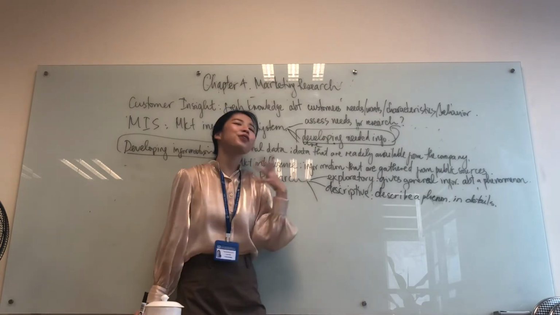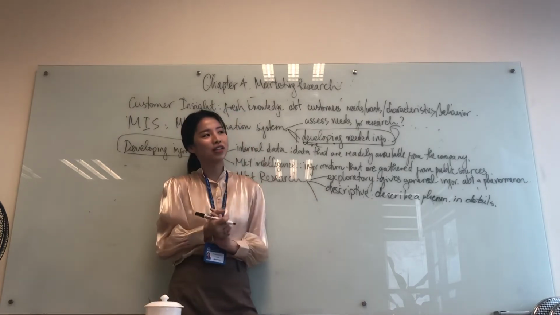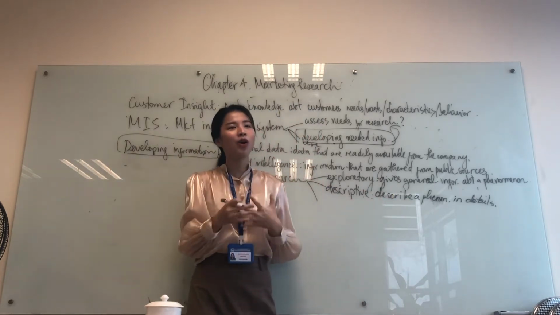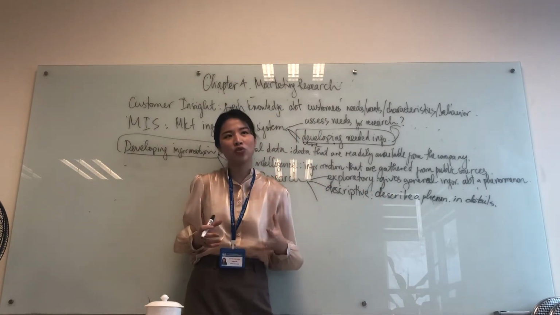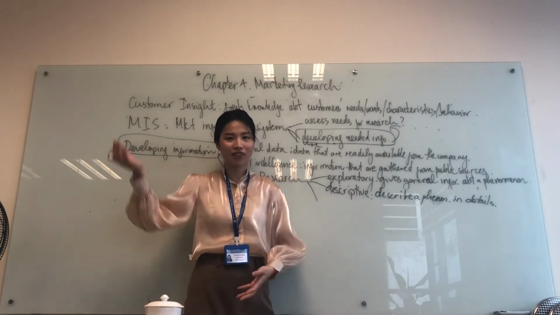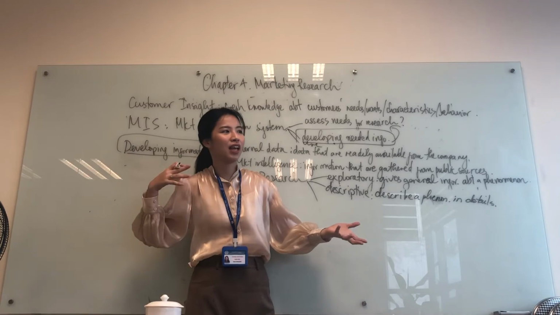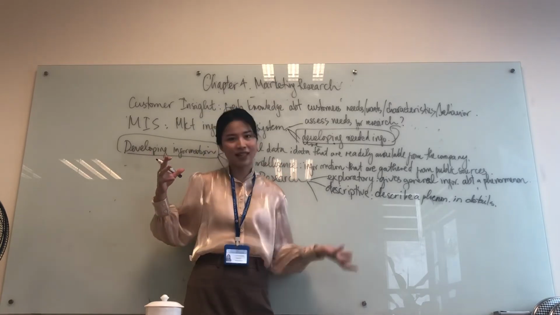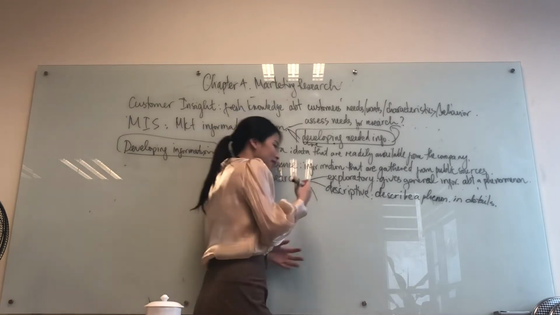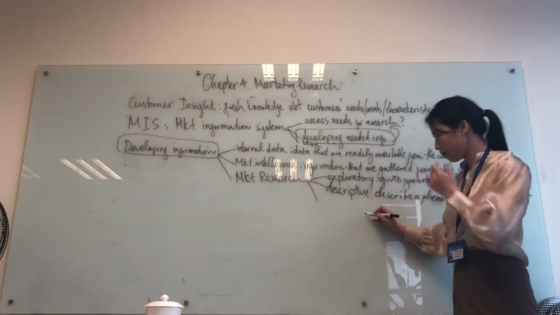Now, what else do I want to know? I really want to have descriptive information about how a typical Vietnamese drinker drinks their beer, say at a beer place or a beer restaurant. So that's descriptive.